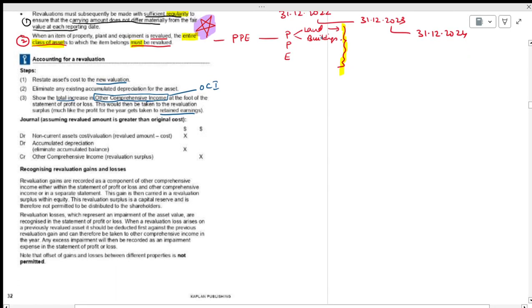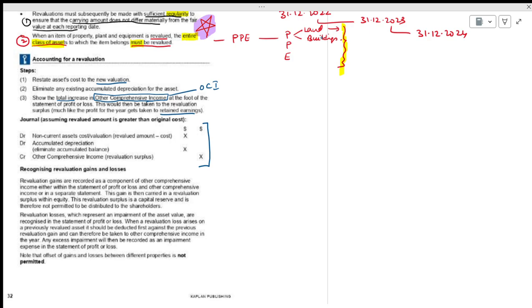Fine. Now, when you are doing this, they will ask you to write journal entry. This is a little bit more specific. Expenses, debit expenses.